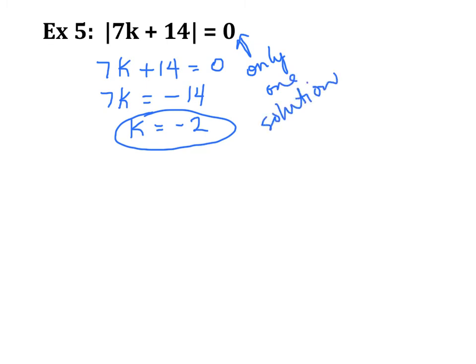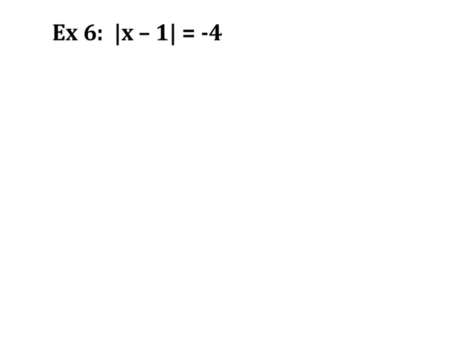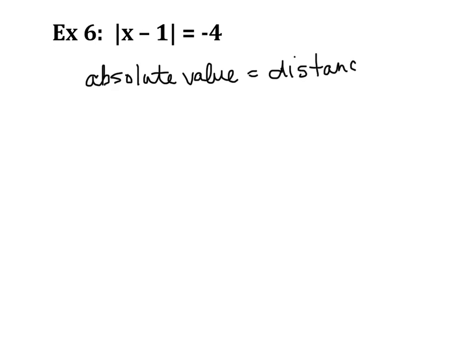And we're only going to do one more example. Here's our last example. All right, in the very beginning, we defined absolute value as a distance. So let's review that a second. Absolute value equals distance. Distance can only have what values?